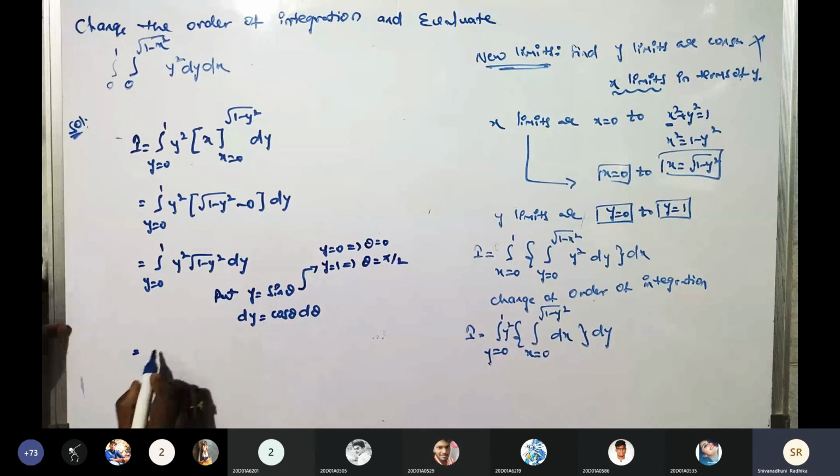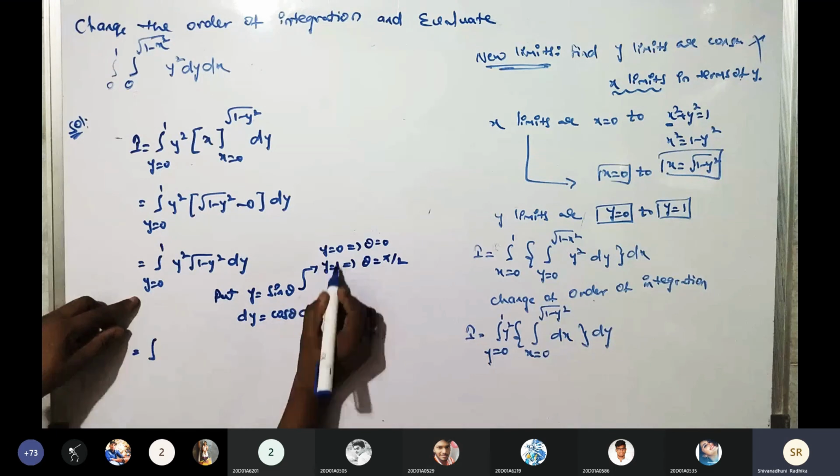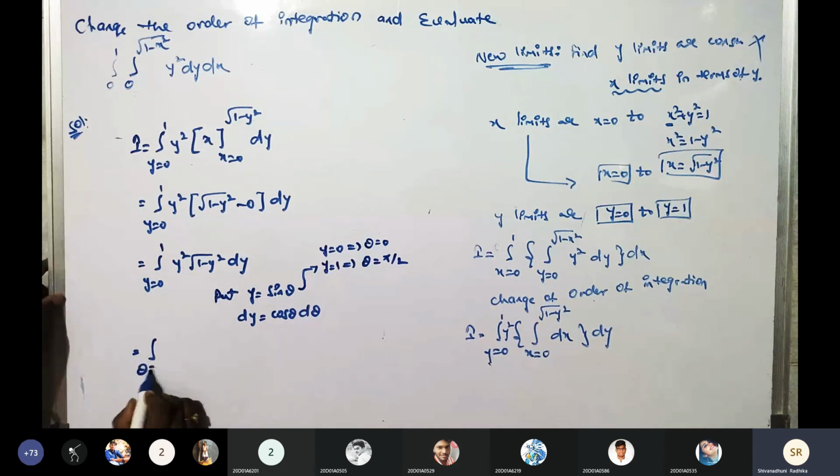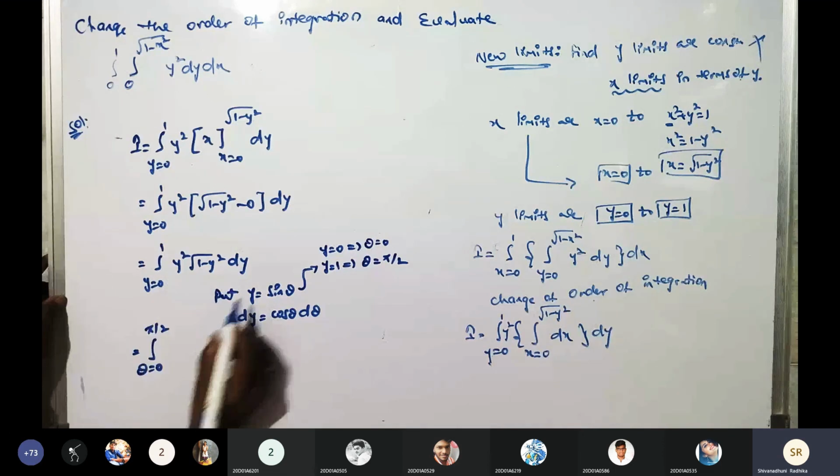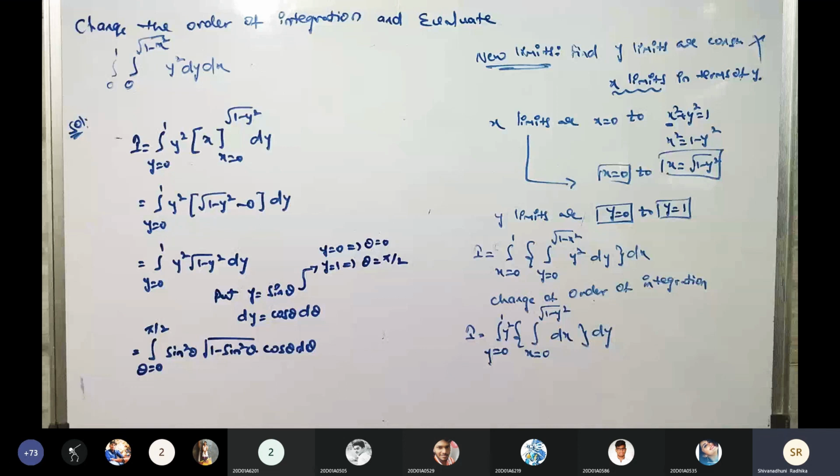Is it clear? Now integration y equals 0 to 1, the limits are theta equals 0 to pi by 2. y equals sine theta, so y square means sine square theta into under root of 1 minus sine square theta, into dy is cos theta d theta. Clear, all of you?